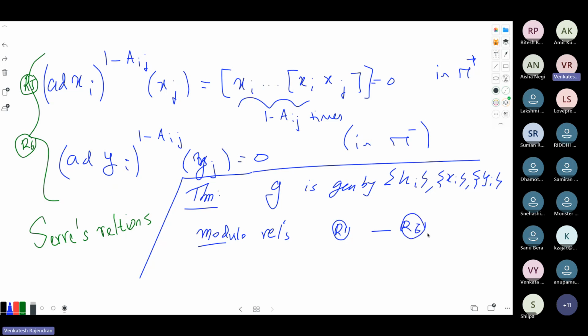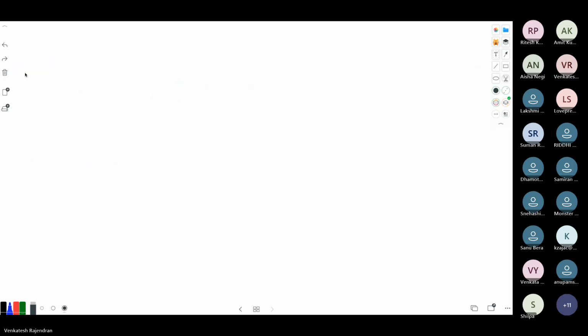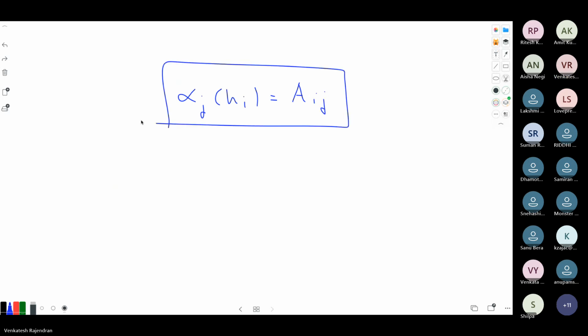So that's the theorem. In this theorem, you can see that only the entries alpha j of alpha i check appear, nothing else, which is nothing but aij. So this is what there is in the presentation.